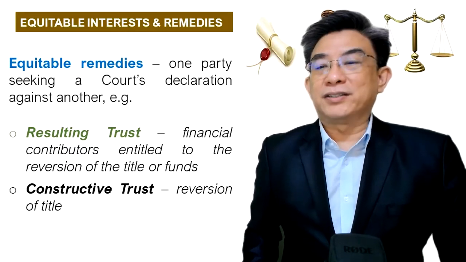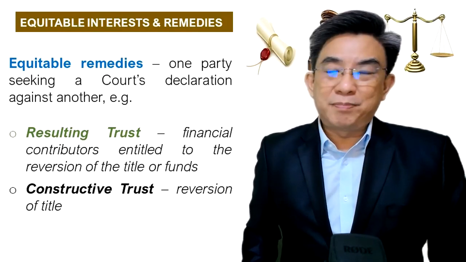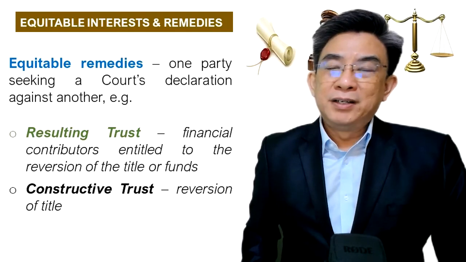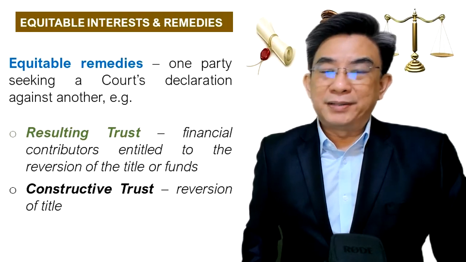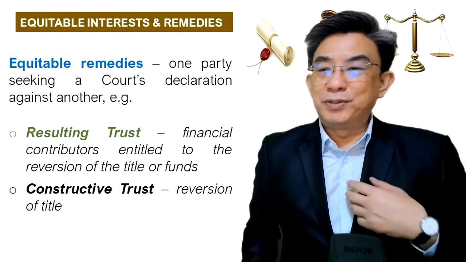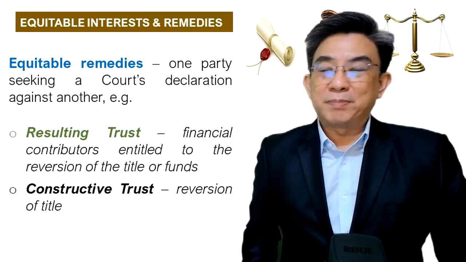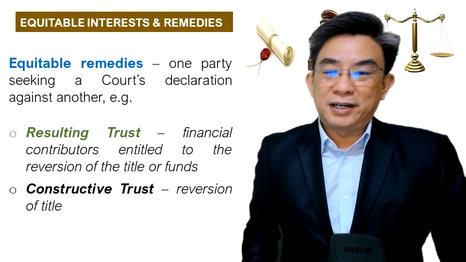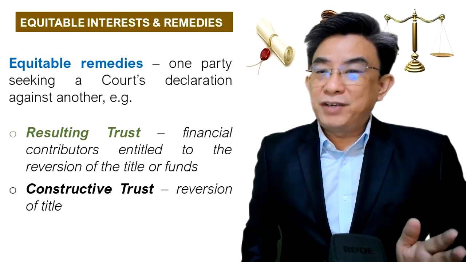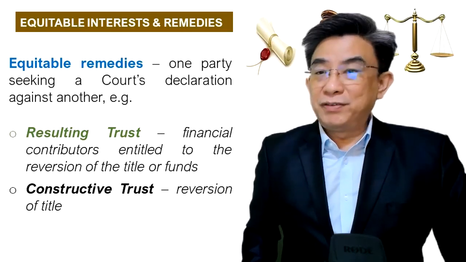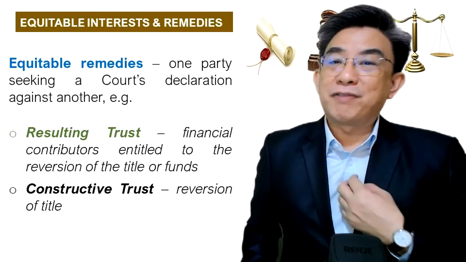First, resulting trust. This is where the person who gave money for the purchase of a property, but whose name is not in the title, sometimes has this kind of quarrel going to court. For example, if my sibling and I buy a property, and I put in 70% of the purchase price and my sibling only puts in 30%. One day my sibling unilaterally severs the joint tenancy. Once you sever a joint tenancy, it's 50-50. That means my sibling is now holding on to 20% of my financial contribution.